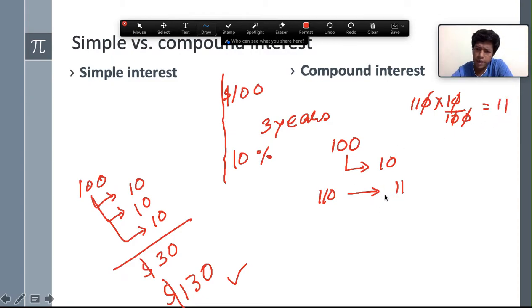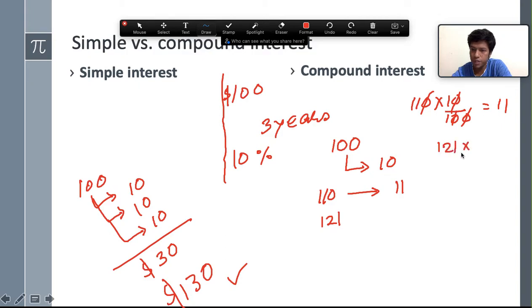Now this is by the end of the second year. You get $11 extra. So how much money do you have now? This is 110, plus $11 more, so the total is $121. So you get $1 extra here compared to simple interest. Now this is the total amount of money by the end of the second year, so they should give you 10% interest on this money again.